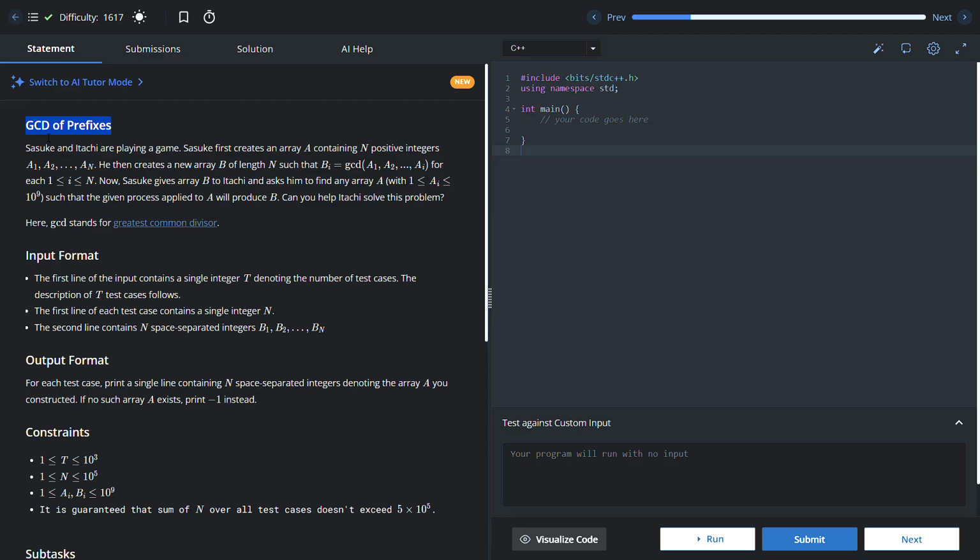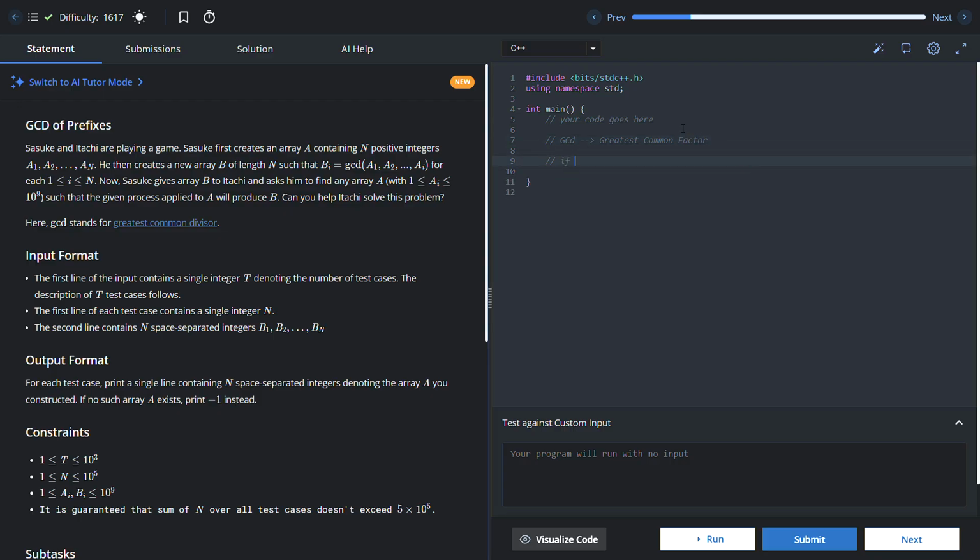In this problem, firstly we should know what this GCD is. Let me give you some brief about this GCD. GCD means greatest common factor. What does this mean?